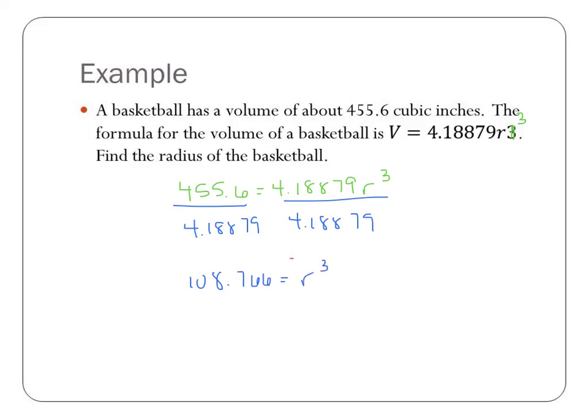And to get rid of a cube, we cube root it. So that's going to be r. And in my calculator, I'm going to do the cube root of the answer and get 4.77. And those were cubic inches, so that is inches. So the radius would be measured in just inches.